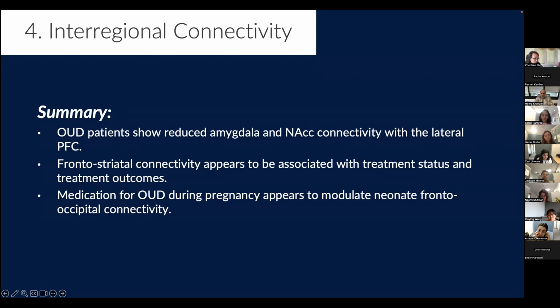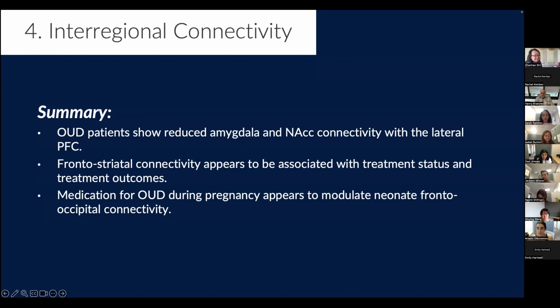And correct me if I'm wrong, because I'm jumping way ahead here. People with OUD are not making the connections to inhibit or to execute behaviors that are appropriately related to things like fear responses and pleasurable responses. Is that a fair leap?